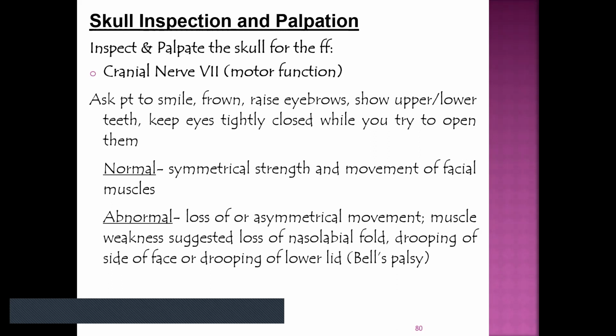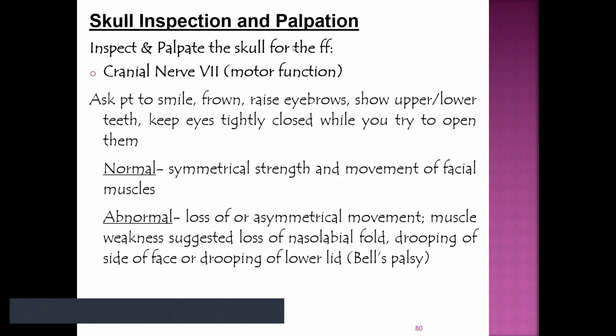They don't function normally in terms of strength of the facial muscles. Now, if there is weakness, we will test it by trying to make a small push in terms of the nasolabial fold, or drooping of the side of the face, or drooping of the lower lid. You will see that you need to push it up. Or will they be able to hold it that way?